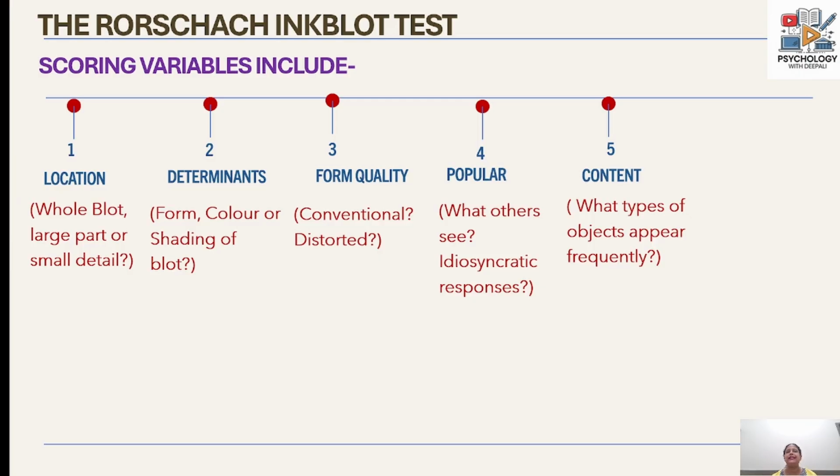That is, does he give answers similar to what many people would see in the card, which are called popular responses? Or is the person giving idiosyncratic responses, that is, responses which only he has given and nobody else has given to that particular part of the card? And the last scoring variable is content. That is, what type of objects is the person seeing in the patterns or in the inkblots.